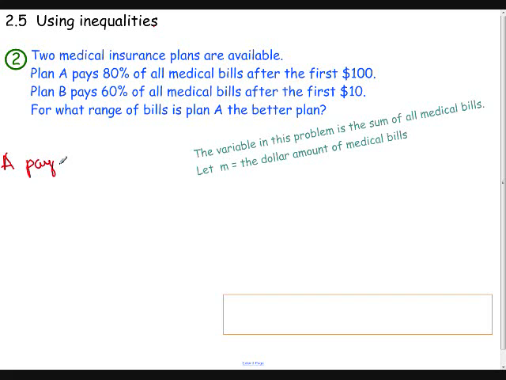A pays. We're going to look at what A pays. And B pays. We'll look at how much B pays.